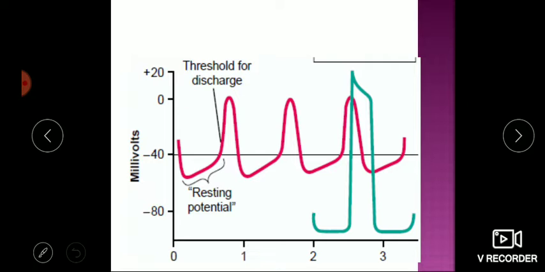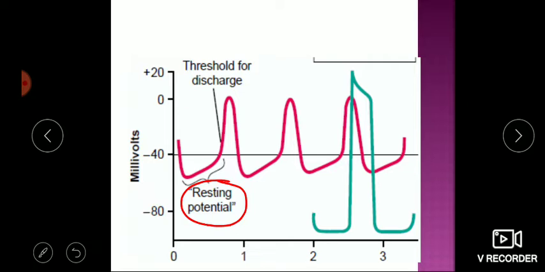This SA node has a special action potential called the pacemaker potential, and in that there is a special slope, the resting potential, also called the pacemaker potential, and it is due to the presence of transient calcium channels. There is an old concept that it is because of funny or leaky sodium channels. These are open.